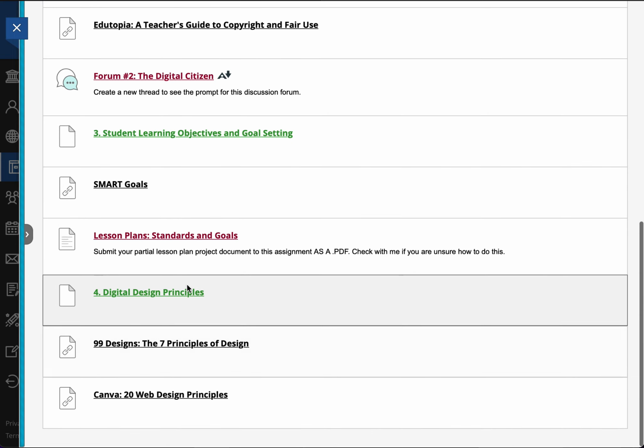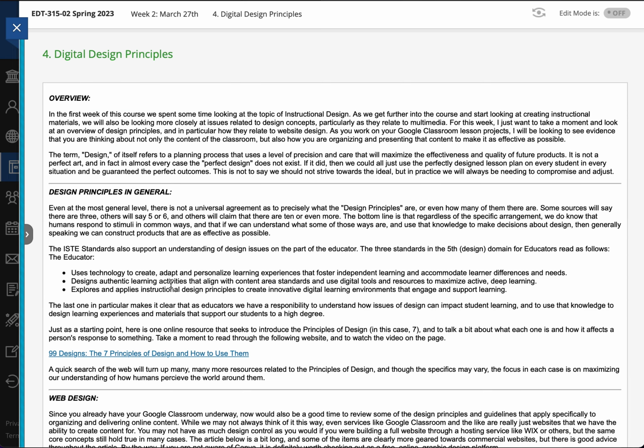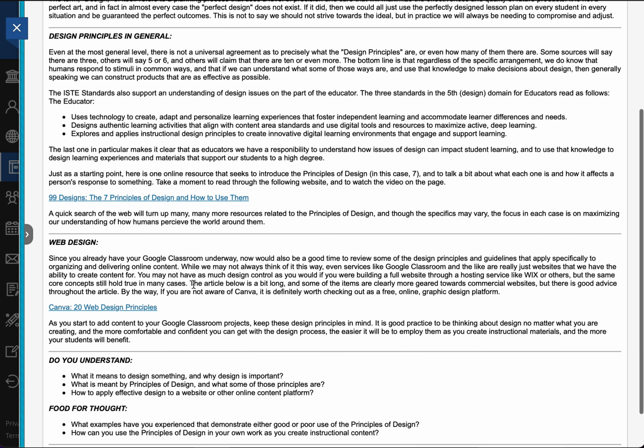The final bit for the week is just getting information into your head, has to do with principles of design. This is an enormous topic that we could spend an entire undergraduate degree learning about. So we are just going to be skimming the surface here, but it's good to understand that there are principles of design. We do understand how we as humans process visual information.